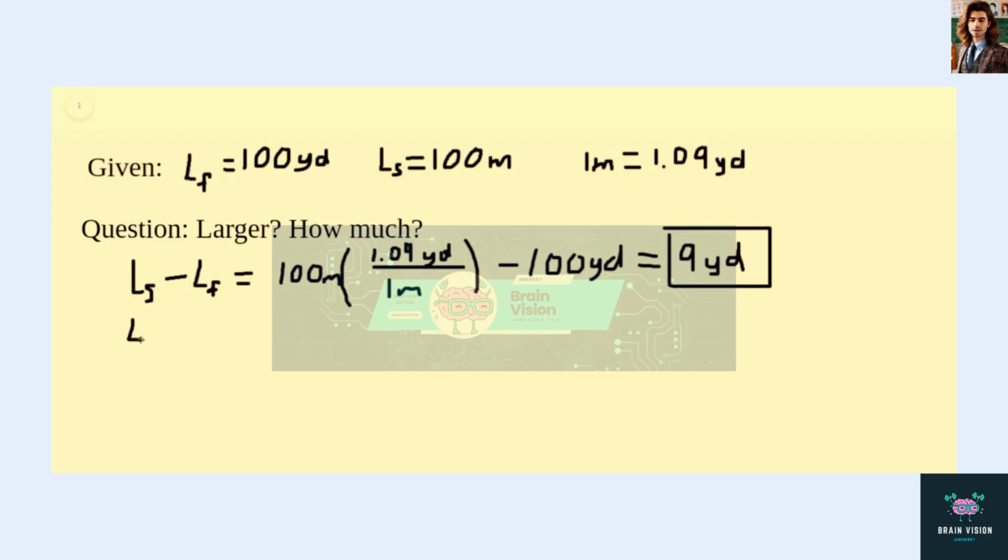Well, let's find that in meters. We could take LS minus LF, convert it back to meters, but why not just convert the yards into meters? We already know the conversion between yards and meters. So we're going to take 9 yards, and multiply that by the conversion between meters and yards. First of all, let's just write what this is.